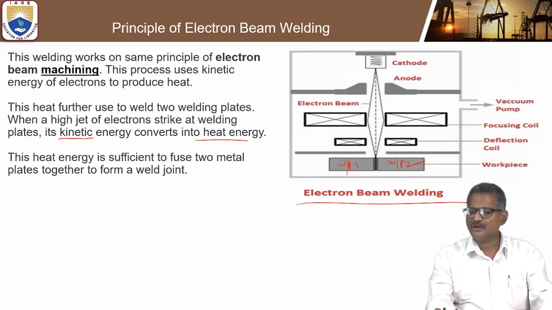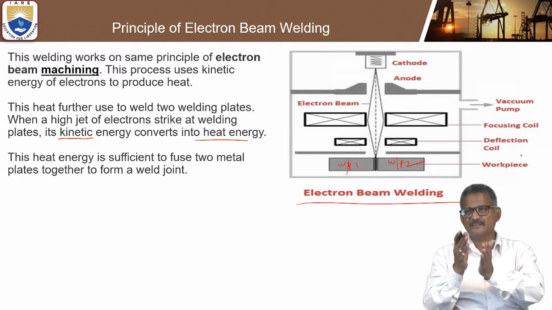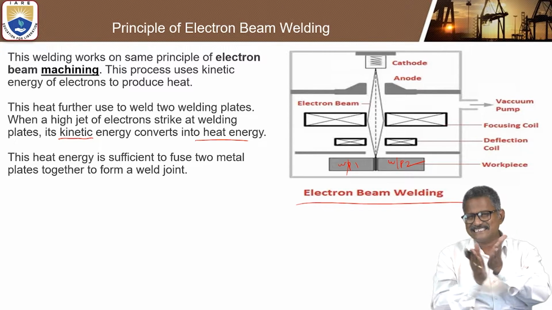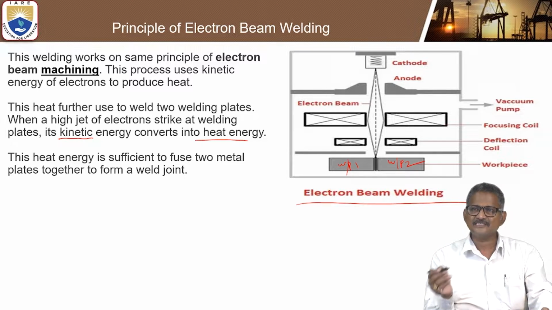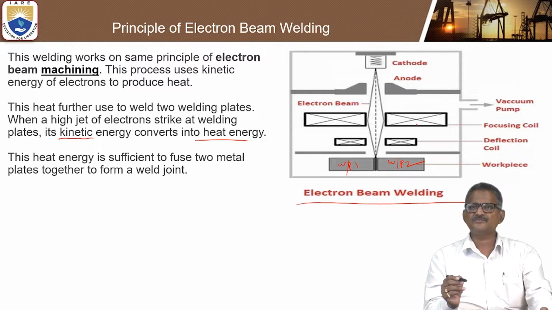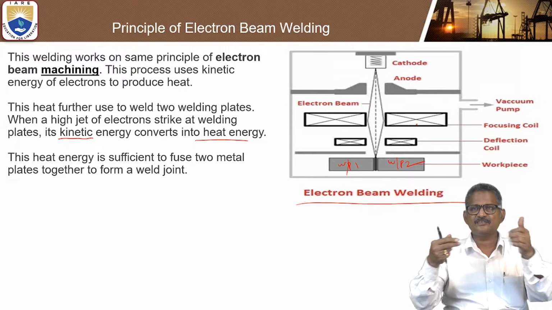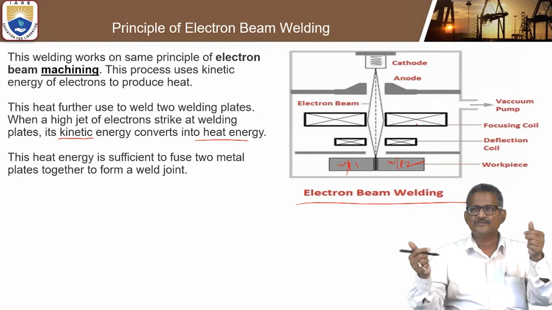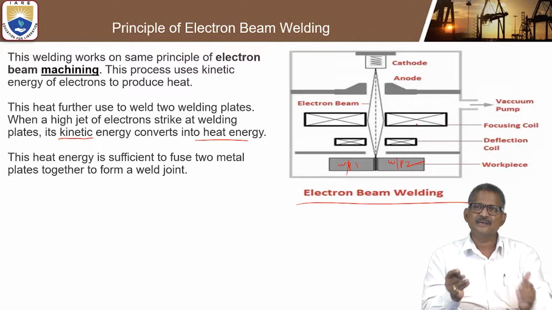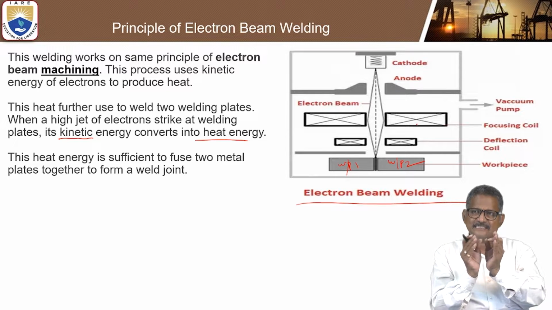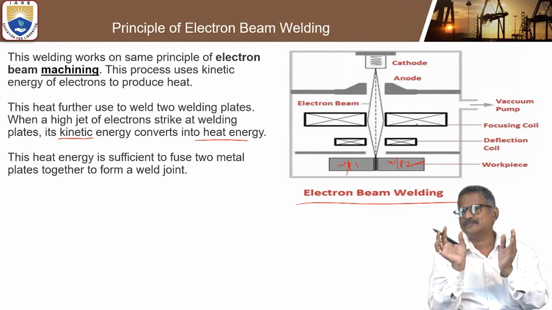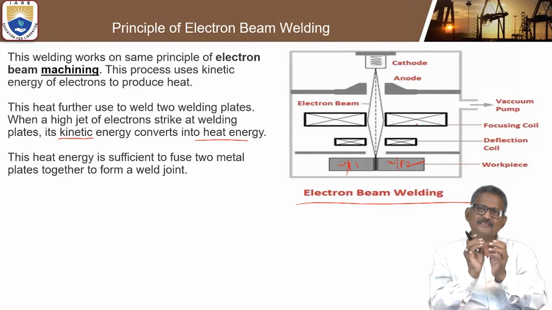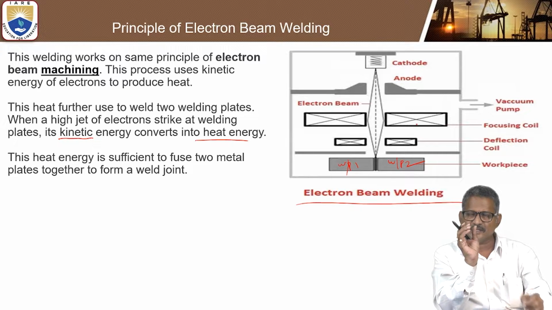If you do not use this deflection coil, the flow of electrons will change direction. Another important thing is that a focusing coil should also be there so that it cannot enlarge the flow of electrons. If you put the focusing coil in between and adjust it, with more flow of electrons the width can be enlarged, and with very little flow of electrons the width can be shortened.